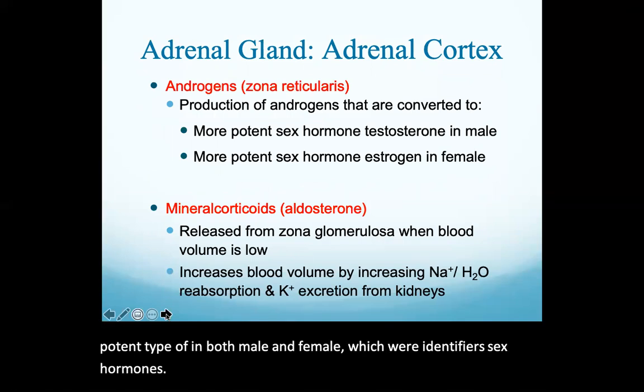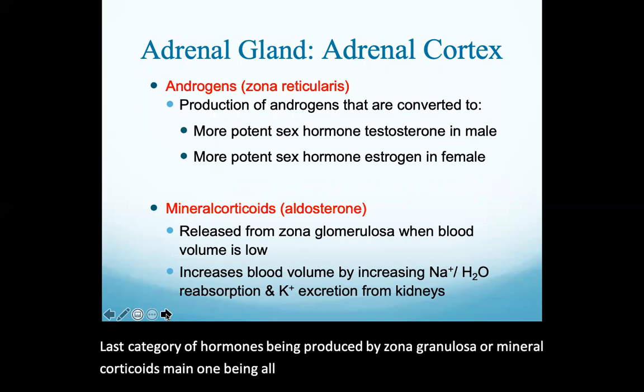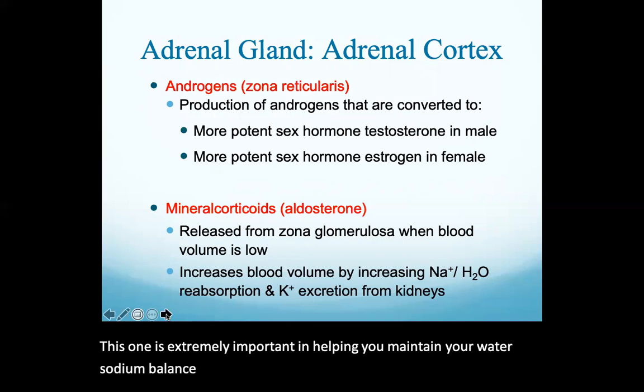The last category of hormones, produced by the zona glomerulosa, are mineralocorticoids, the main one being aldosterone. Aldosterone is extremely important in helping you maintain your water and sodium balance and also removal of potassium from your system.